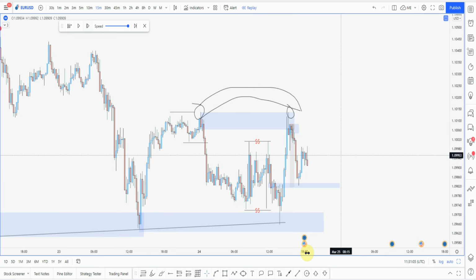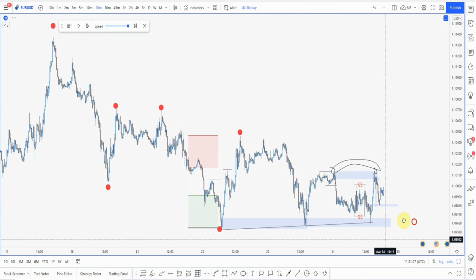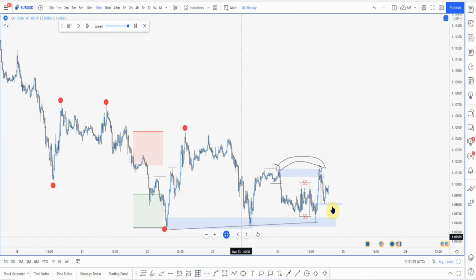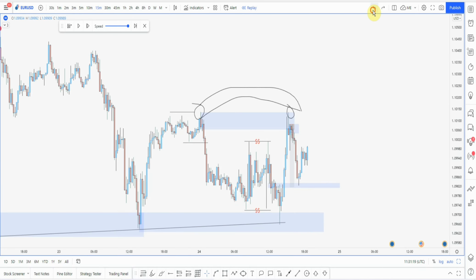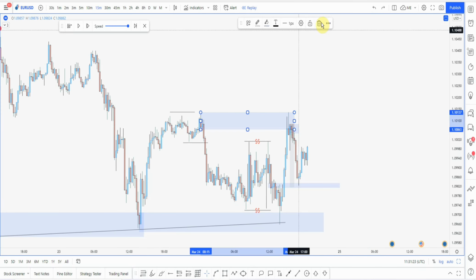But I strongly believed the market needs to run this low, these equal highs. I was thinking that, but when the market built liquidity, I deleted this one, also I deleted this one.